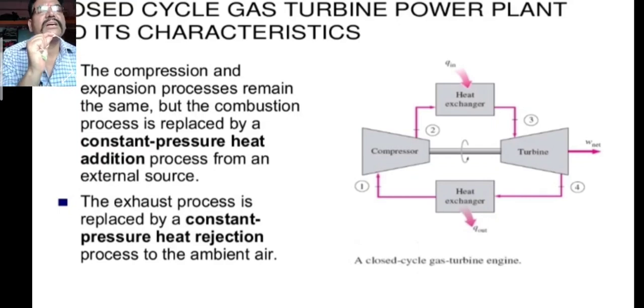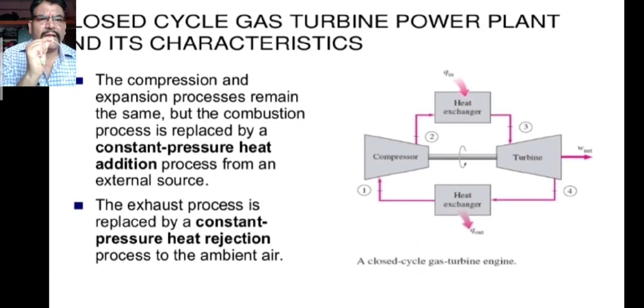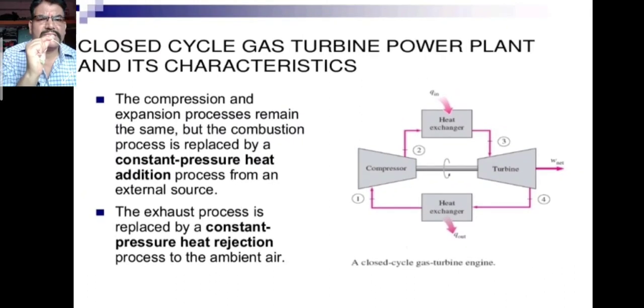After the exhaust of the turbine, it is not going to the atmosphere, and again goes to the compressor. The exhaust process is replaced by a constant pressure heat rejection process to the ambient. The compression and expansion processes remain the same, but the combustion process is replaced by a constant pressure heat addition process from an external source.